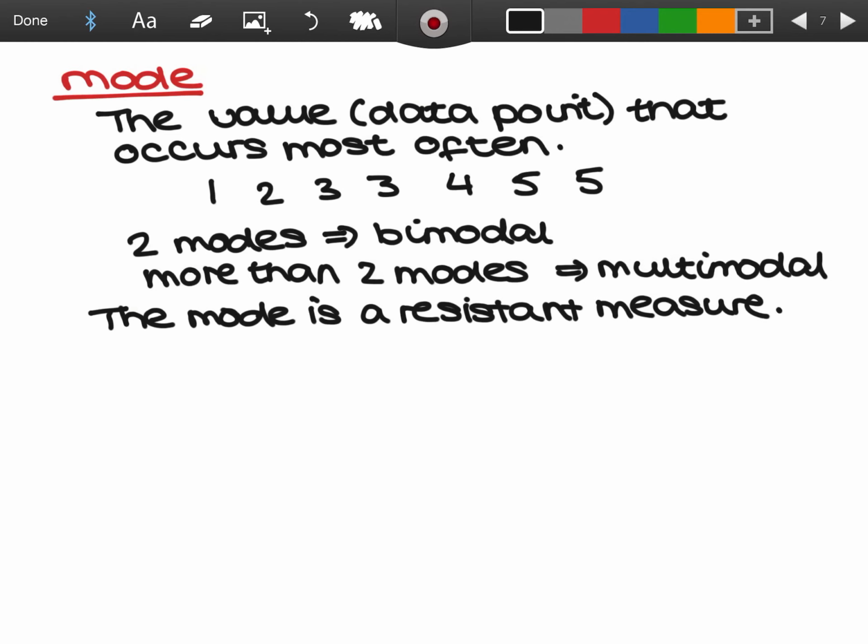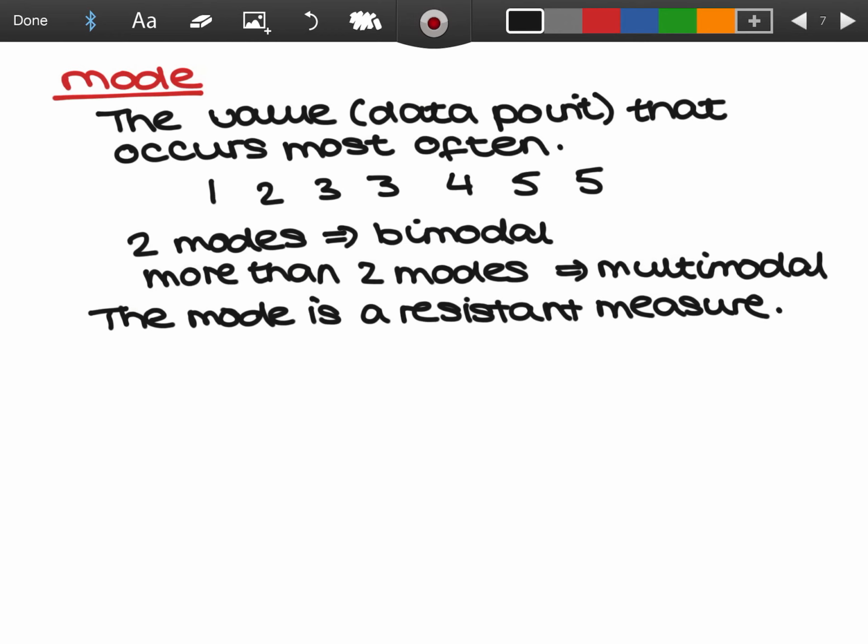Let's say you were looking at colors of cars in your neighborhood. You can have a most often occurring car color. So the mode can actually be used on qualitative data. Most of the stuff, again, that we're going to do is going to be quantitative. We're going to be dealing with numbers, but just know that it can be used on qualitative data.